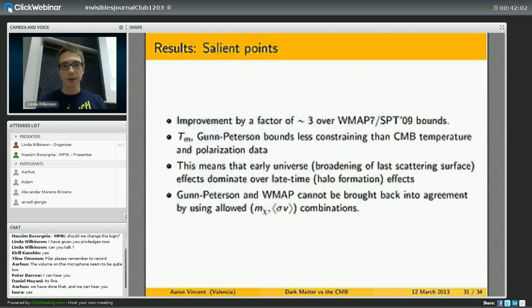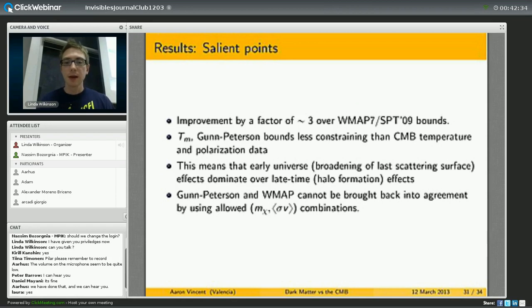So the salient points of these results, and I'm almost ready to let you go. We've improved by a factor of 3 the constraints on annihilating dark matter to electrons and positrons and to muons, mu plus, mu minus. We found that the matter temperature using a halo deposition model from the Bolshoi and MultiDark simulations doesn't give bounds that are more constraining than what we already got from CMB temperature and polarization data.